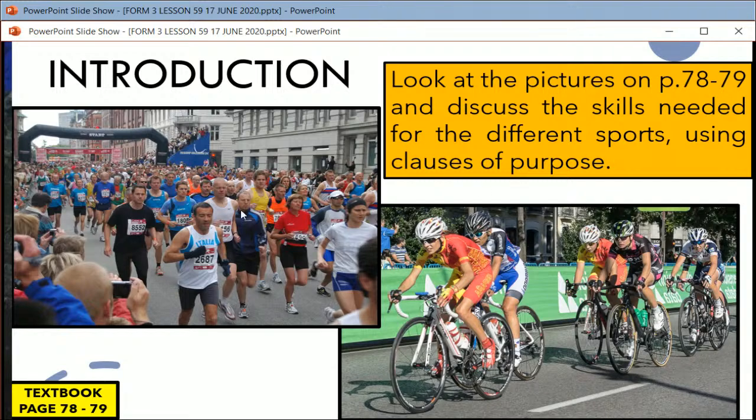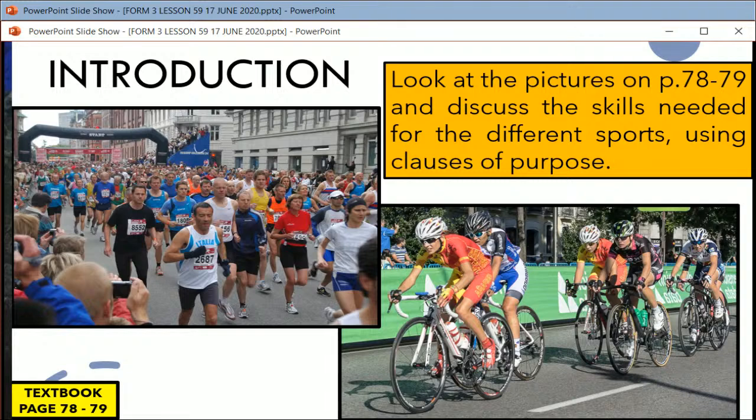Looking at the first picture, the marathon, what skills do you think they need? Try to write your sentences, because I can't hear you speak, using clauses of purpose. Nushin, just leave Cluster. Cluster has been saying words that come to his mind from yesterday.